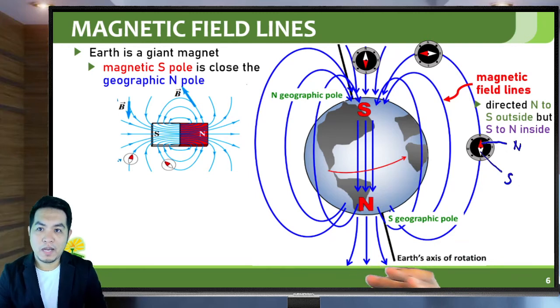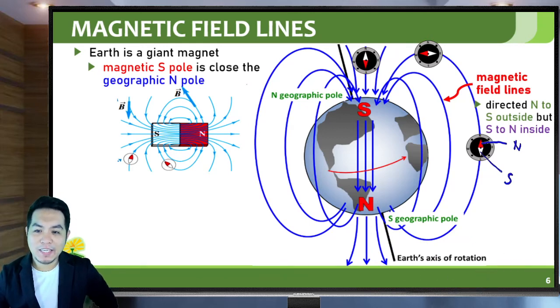Essentially, you're saying you're pointing to the north geographic pole, but actually you are pointing to the south magnetic pole of the Earth.